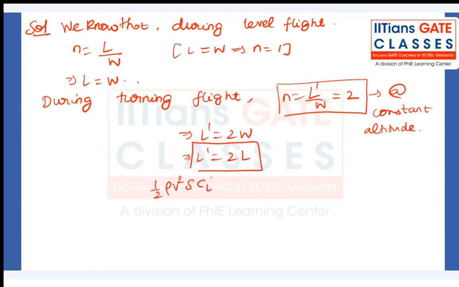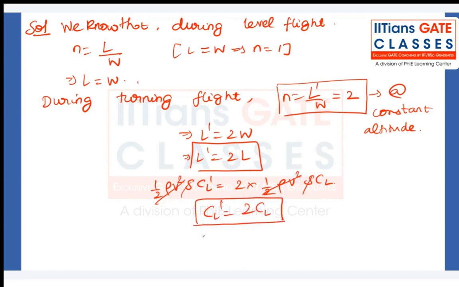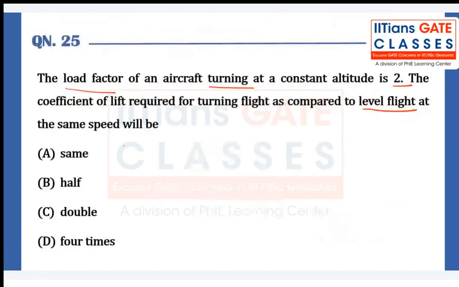So L dash is half rho V square S times C L dash, which is equal to 2 times half rho V square S times C L. Okay. So half rho V square gets cancelled, S gets cancelled. So I have C L prime equal to 2 times C L. So you can see that in a turn it is basically twice that of straight and level flight. Did you guys understand this, okay?